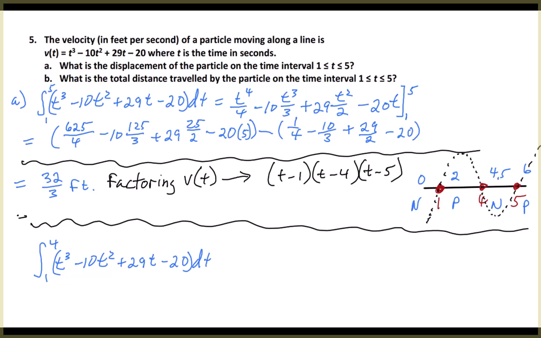I can treat that as all positive because that's what my graph is saying. And then I'm going to say minus from 4 to 5, because if I integrate from 4 to 5, I'm going to get a negative result because that's below the x-axis. So in effect, I've taken the absolute value of this area between 4 and 5 just by multiplying by negative.